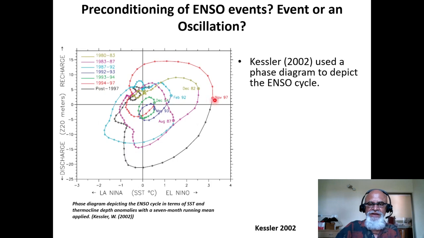So you can look at November 97, 98, El Nino, for example. It starts somewhere here in, let's say, a mild La Nina state during some part of the year.